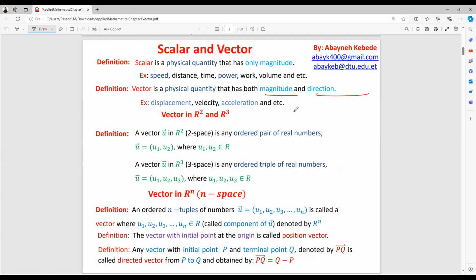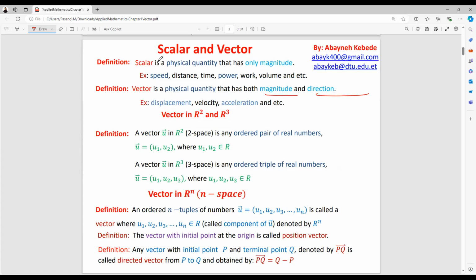So what are the examples for scalars and what are the examples for vectors? For the scalars, tell me, what are the examples we have? Speed, distance, time, yes. So speed, distance, time, power, work, volume, all those things are considered scalars.